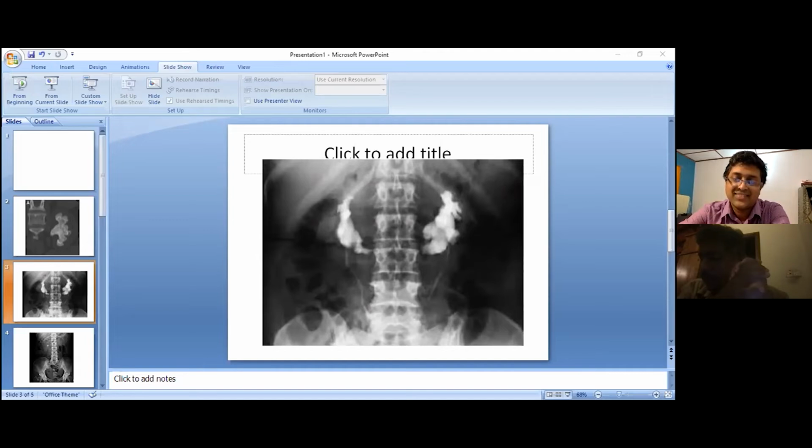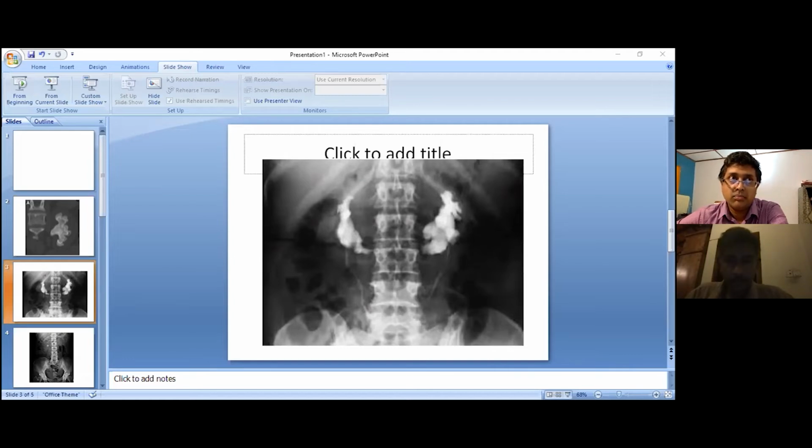What about calculus stone formation in this sort of kidneys? Are they more common or less common? They are more common because of these anatomical changes of the ureteric insertion and more dependent calyces. Right. Okay. Now, why are stones more common in horseshoe kidneys?